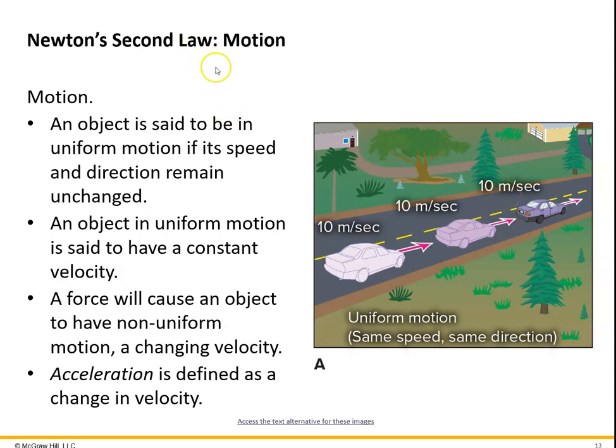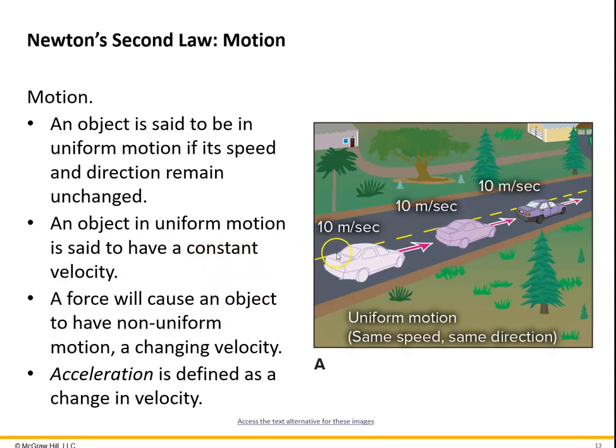Uniform just means it's the same. This is the first law I'm talking about. Now what happens when there is a net force? There can be multiple forces. A car goes down the road, and there are lots of forces acting on it. As long as it stays at the same speed, the net force is zero, and so its inertia carries it along.